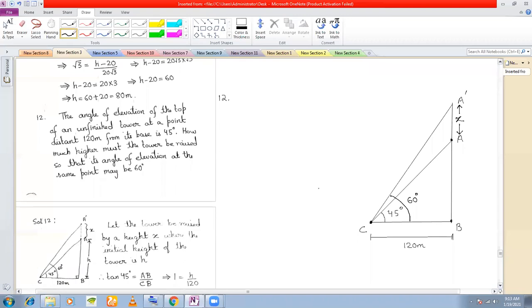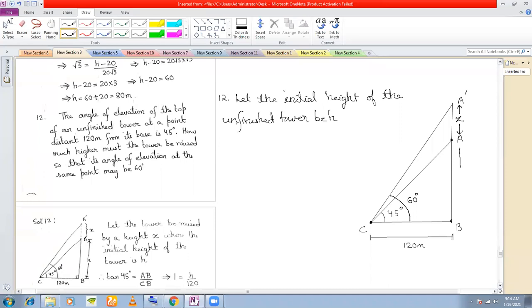So once we have drawn the figure, now we say let the initial height of the unfinished tower be h.